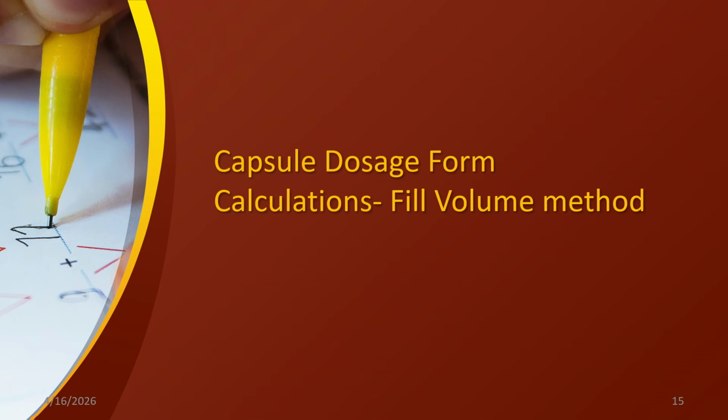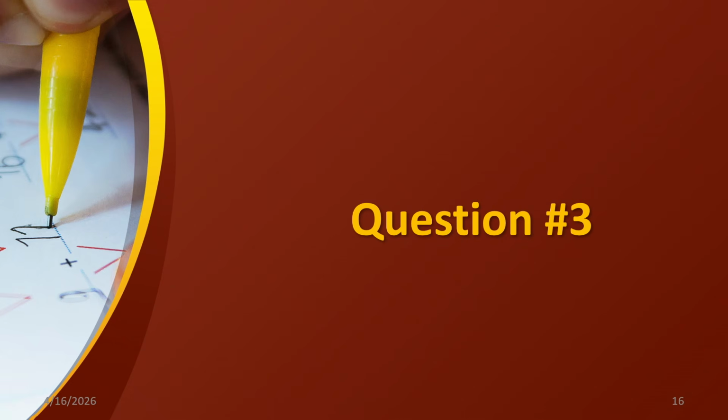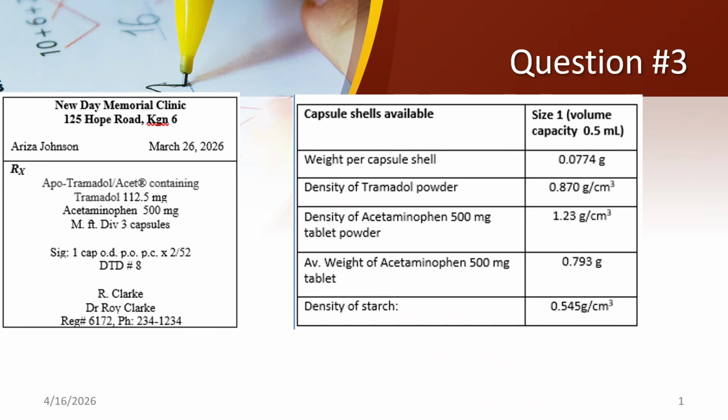Now we're going to look at how to apply the concept of fill volume, and that's for question number 3. The information is here. Here we're not using fill weight, we're using the density information of the powders, which is seen here. Again, we're using a tablet.